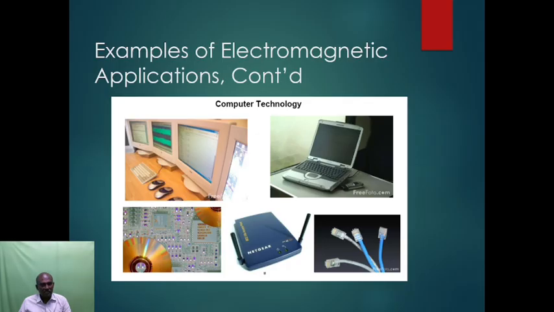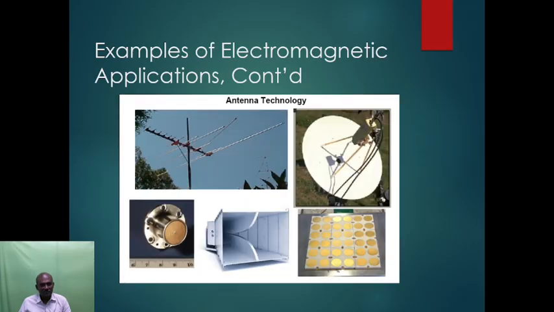And various communications related to computer applications also have electromagnetic applications. The energy produced from solar, wind, the emerging technologies, the generation as well as propagation is possible because of electromagnetic applications.